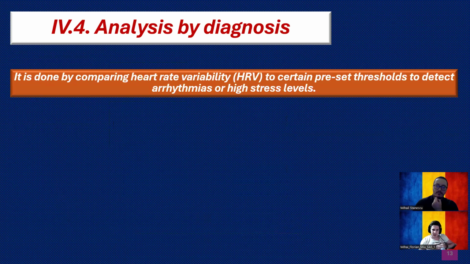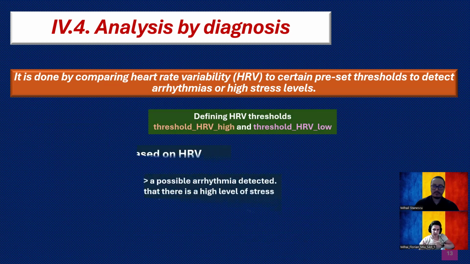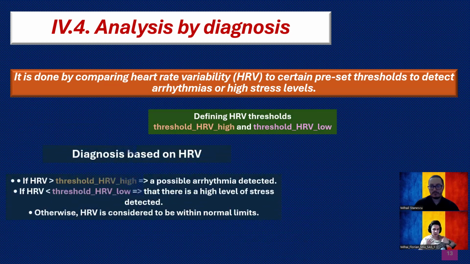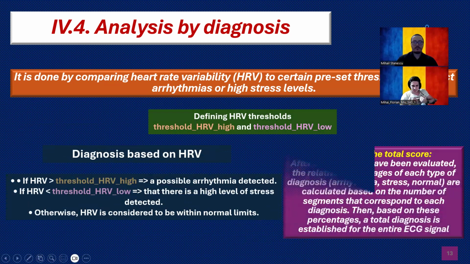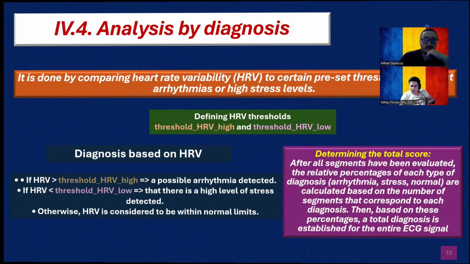The analysis by diagnosis was done by comparing the heart rate variability to certain preset thresholds to detect arrhythmias or high stress levels with our database. We put some thresholds for high and low values. And in the next slide, we'll see how it works in MATLAB.